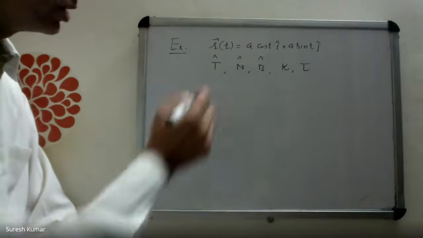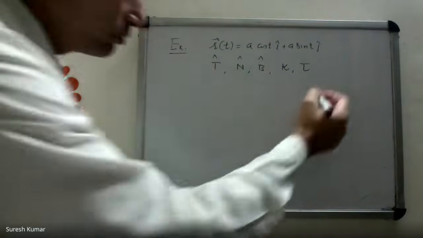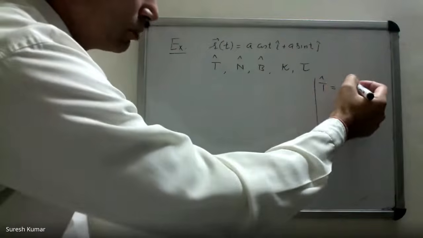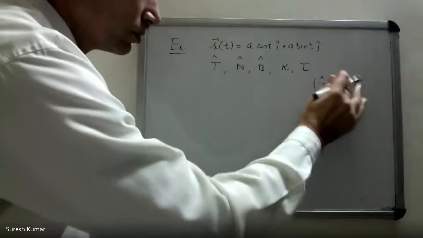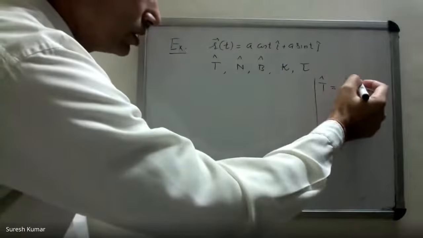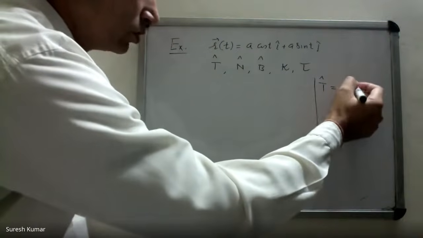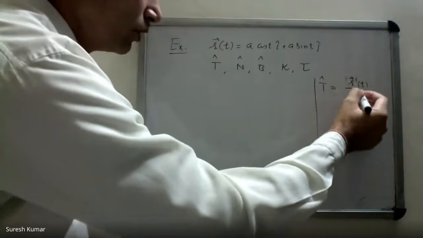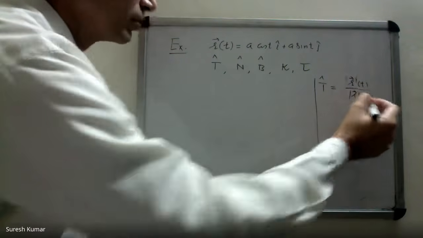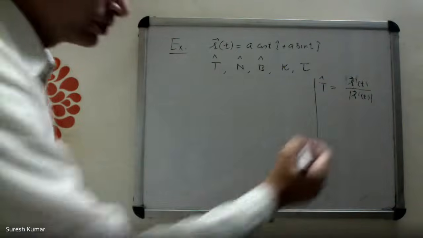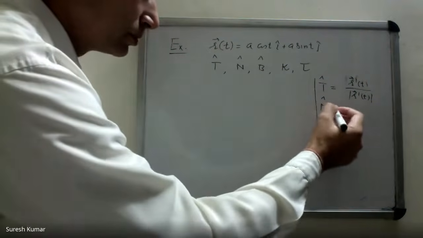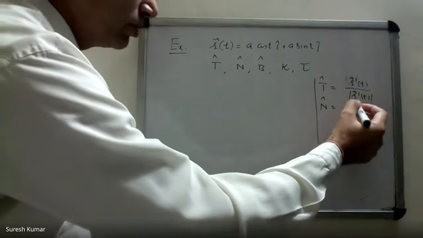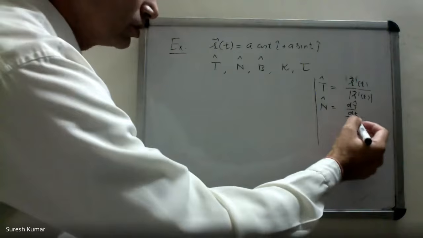So let's first calculate T cap. Recall the formulas. That would be better. T cap is r prime t, or explicitly you can write dr over dt, it's up to you, r prime t over magnitude of r prime t. This gives you T cap. N cap is dT cap over dt divided by its magnitude.